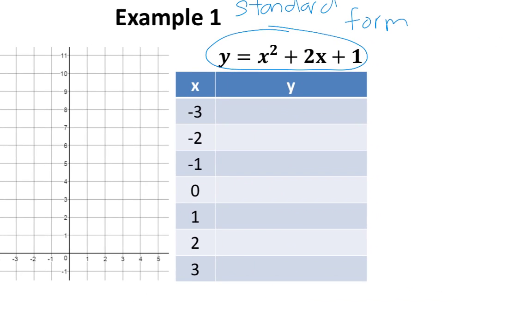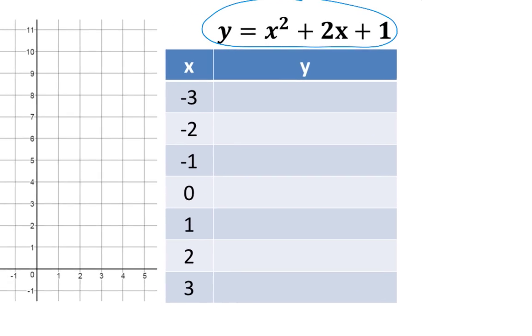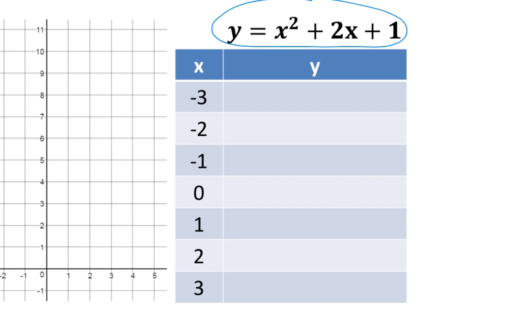I'm going to zoom in and we're going to fill out this table of values. So I'm going to take these values of x and I'm going to substitute them into this quadratic relation. And that is going to give me an answer, and that answer is going to be my y value, which gives me a y and x value, which gives me a coordinate.